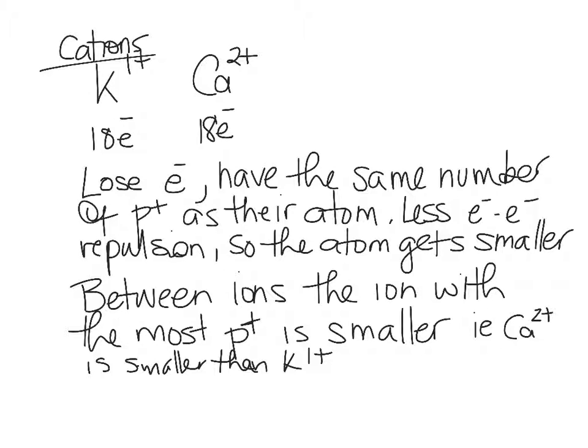What happens when you make a negative ion? Gets bigger. Gets bigger than the atom, for sure. They get bigger as you go down the groups, just like the atoms.